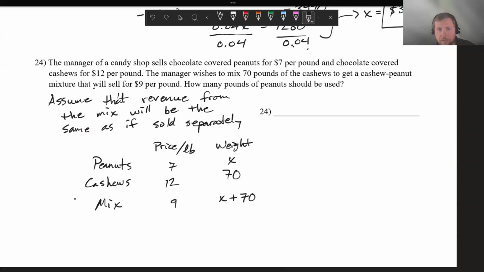So we have X pounds of peanuts, 70 pounds of cashews, and then the mix is going to be X plus 70. And then the price, so if I take the price per pound times the weight in pounds, that's 7X dollars in peanuts, 12 times 70 for the cashews, and then 9 times X plus 70 for the mix.